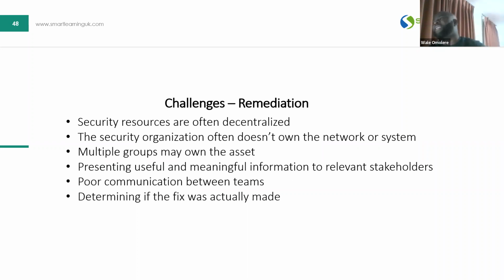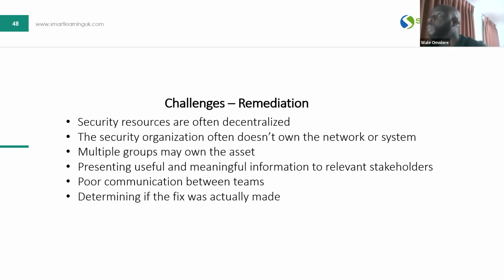Someone would own the web application itself. Another person or group of people would own the web server and the underlying operating system. So if you find a vulnerability on the web application, for example SQL injection, and you want to fix it, the owner of the web application will not just go and fix the SQL injection.